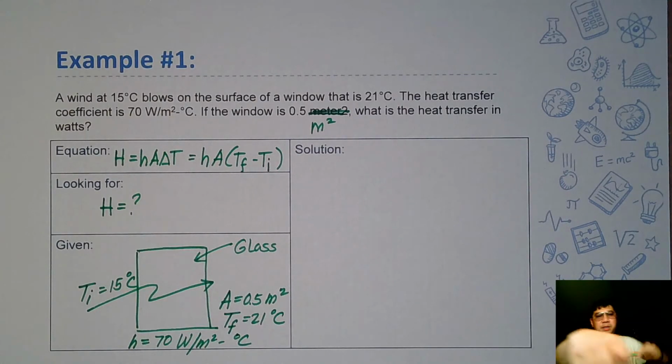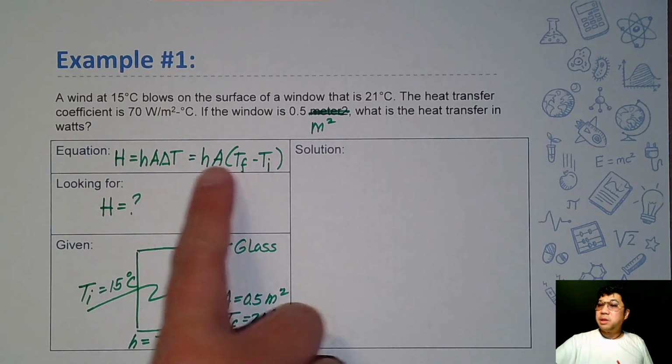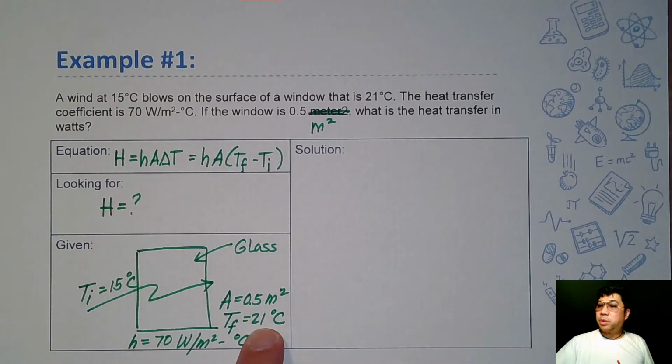So basically, all we have to do is direct substitution or direct plug-in of values. We know our lowercase h, which is 70. T sub f is 21. T sub i is 15. And the area is 0.5 square meter.